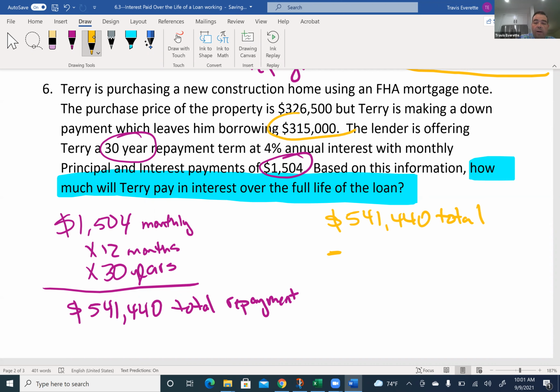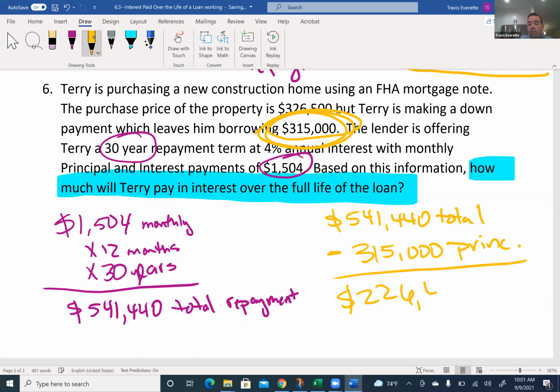The number we care about, folks, is the amount borrowed. This is a loan question. Purchase price doesn't matter in a loan question. It's the amount borrowed that matters. So it's $315,000 borrowed here, or principal. So when we subtract that out, Terry is going to pay over the life of that loan, $226,440 in interest.